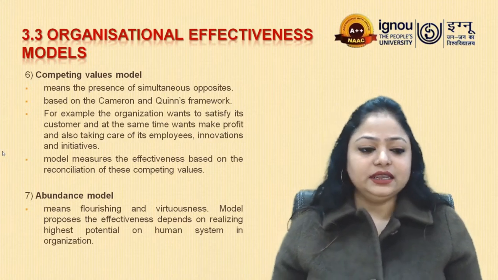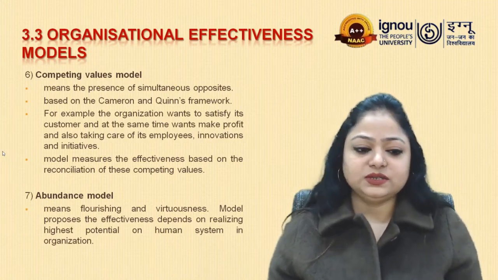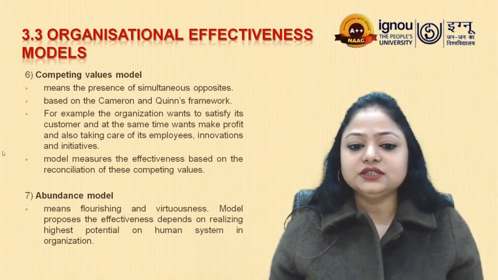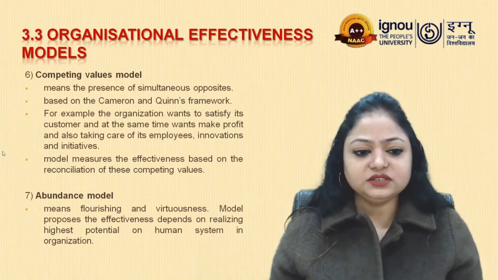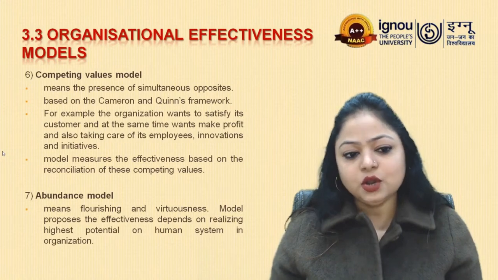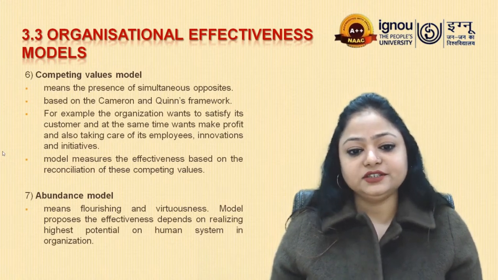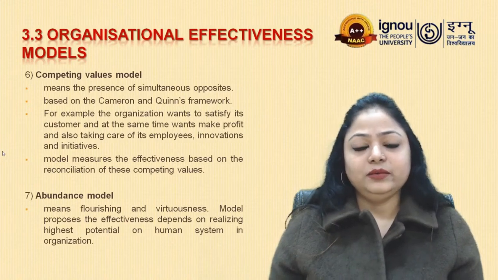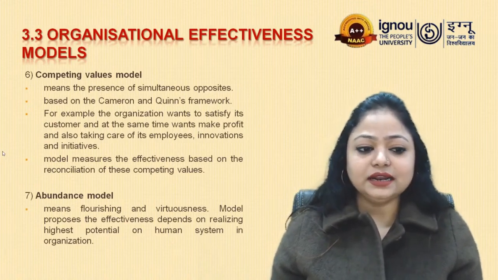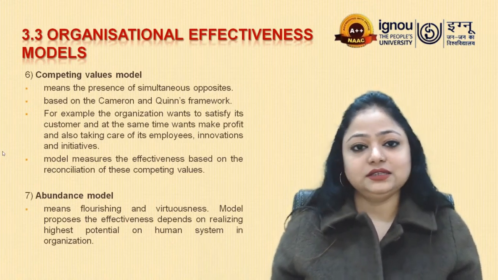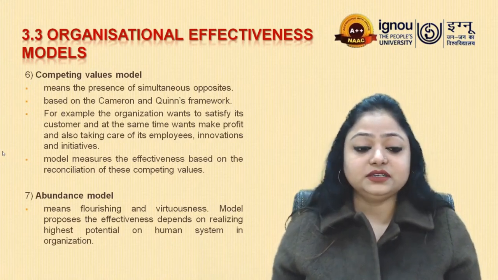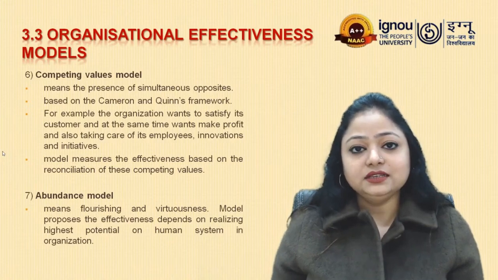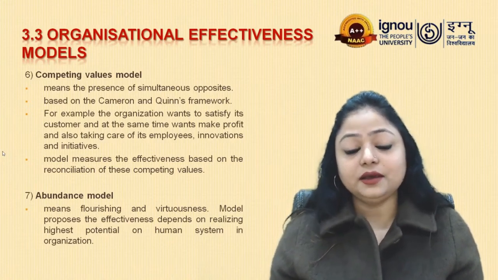Then the last one here is the abundance model. It means flourishing and virtuousness. So, the model proposes that effectiveness depends on realizing the highest potential of the human system in the organization, meaning thereby it considers that the resources are in abundance, and the potentiality, competences, and skills they have can be developed and we can have an abundance.